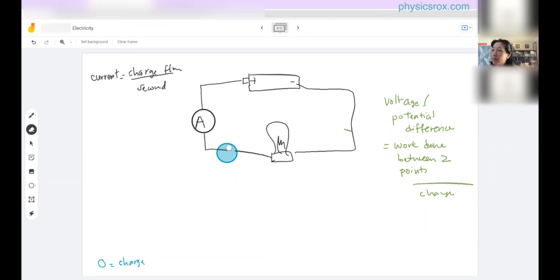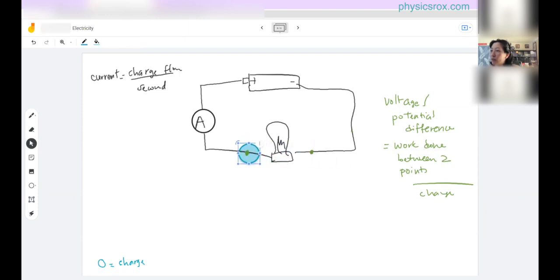Imagine this is 1 coulomb charge. How much work is going between here to here? So you must have the starting point, because where do we measure work from and to? Is it from start to finish, or from this point to a halfway point? That's why we put 2 points here, because we need to find out the work.